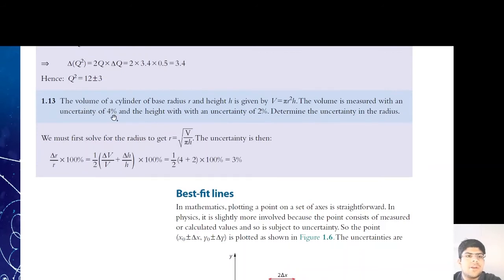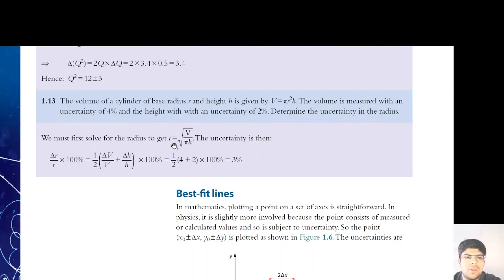Our next example: the volume of a cylinder of base radius r and height h is given by V equals pi r squared h. The volume is measured with an uncertainty of 4% and the height with an uncertainty of 2%. Determine the uncertainty in the radius.